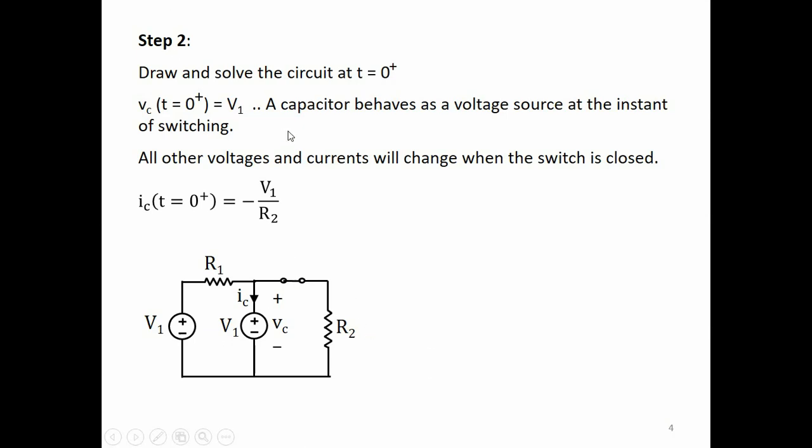Now a capacitor, as we saw last time, the capacitor voltage does not change instantaneously when the switch is closed. So whatever voltage the capacitor had before the switch closed, it will retain that voltage right after the switch is closed. So we can say that the capacitor voltage in this circuit is V1 at the moment of the switch closing.